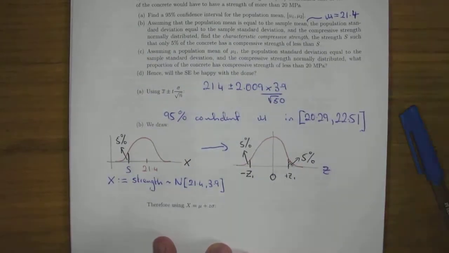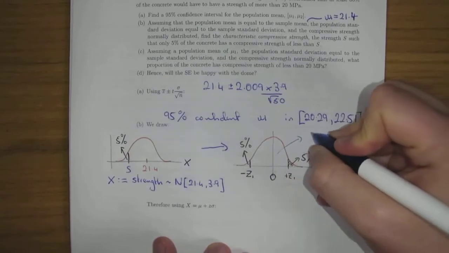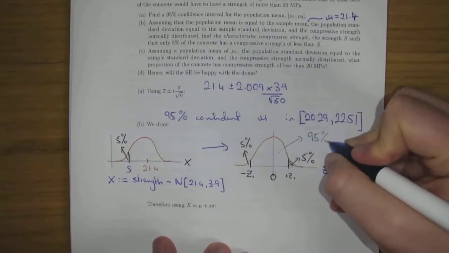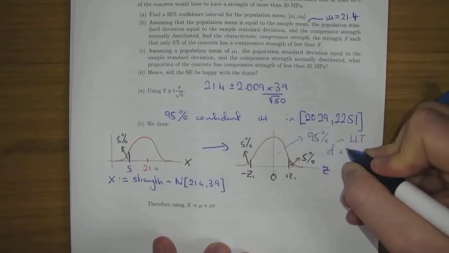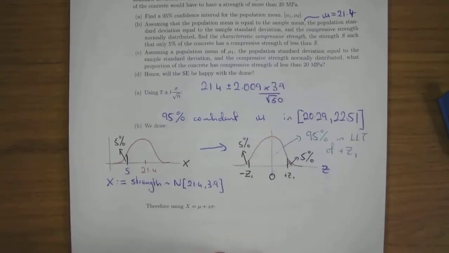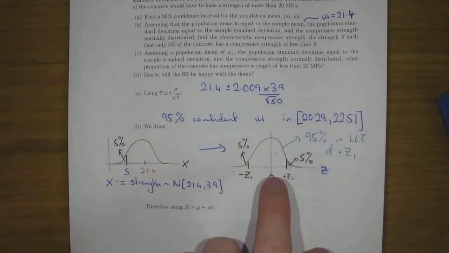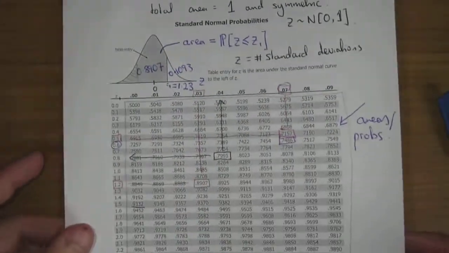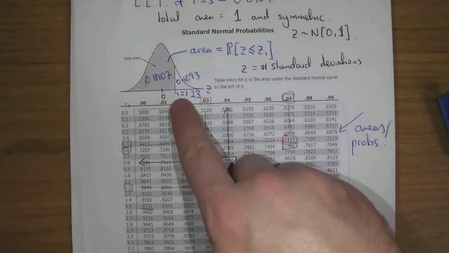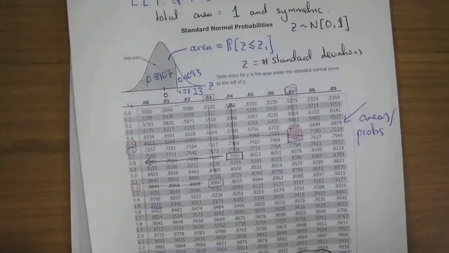And therefore, there's 95% in the long left tail of plus Z1. So what I have to do is find the value of Z such that there's 95% in the long left tail. I have to find the Z value which is 95% here.